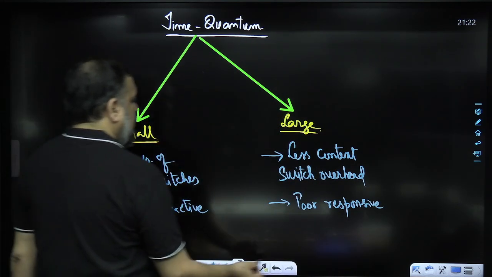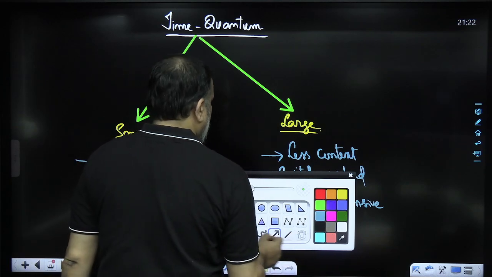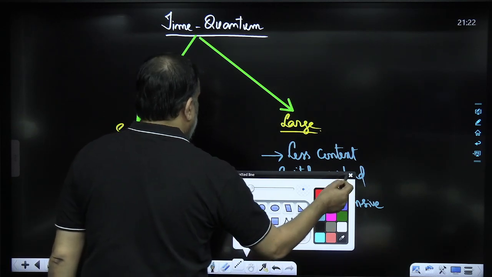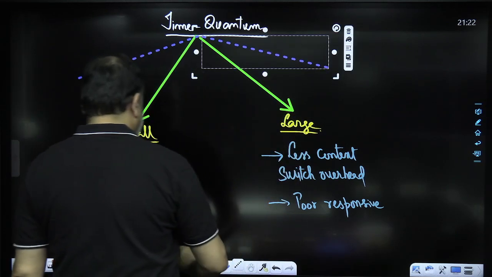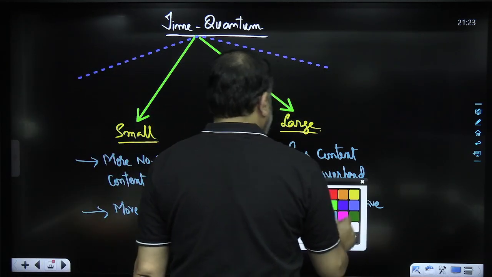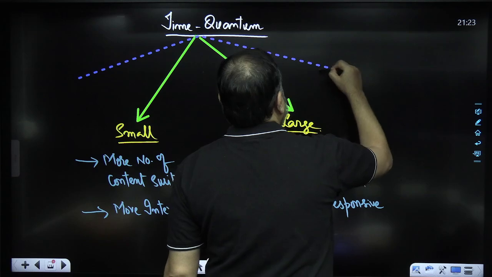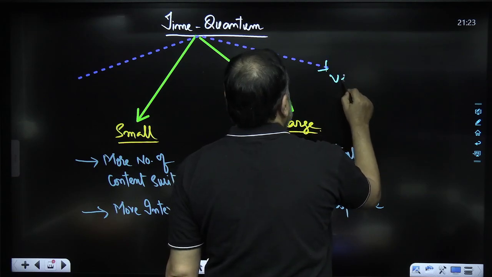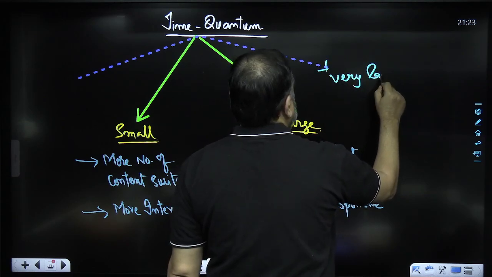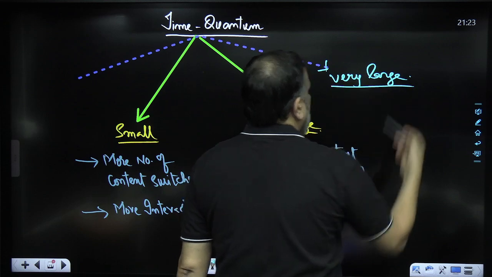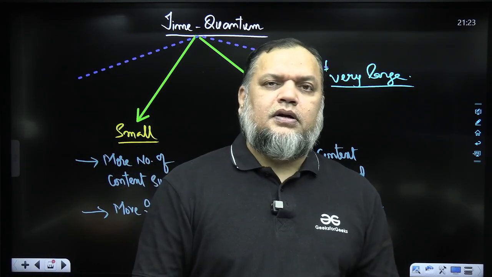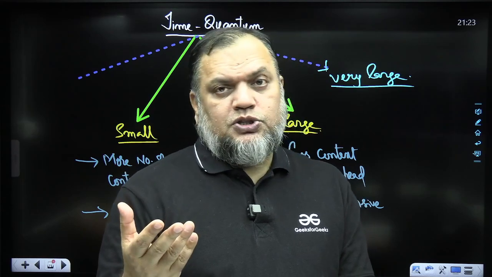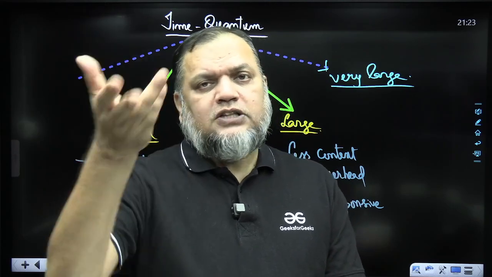But suppose the time quantum becomes very small or very large. What impact is it going to create on the performance? When the time quantum becomes very large, by very large, I mean, like one of the examples I have given you earlier, it becomes so large that it is greater than the largest burst time of the processes.